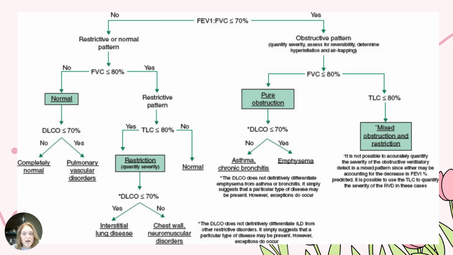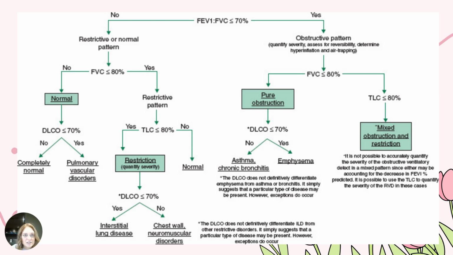So here we have a chart that is going to help us identify what a patient's values mean and what values we should look to next if their values are out of range, and how this leads to whether or not a patient has a restrictive airway or an obstructive airway.